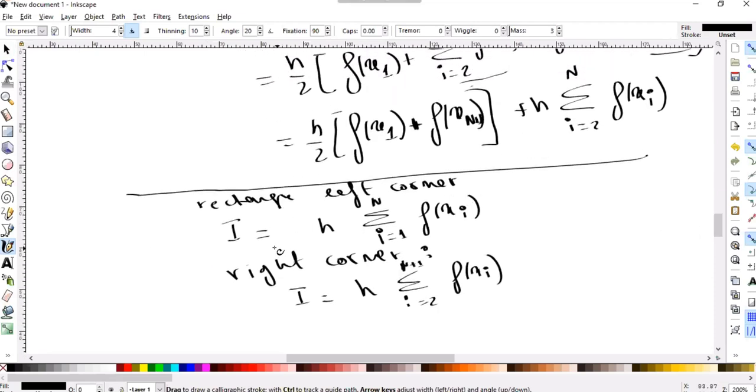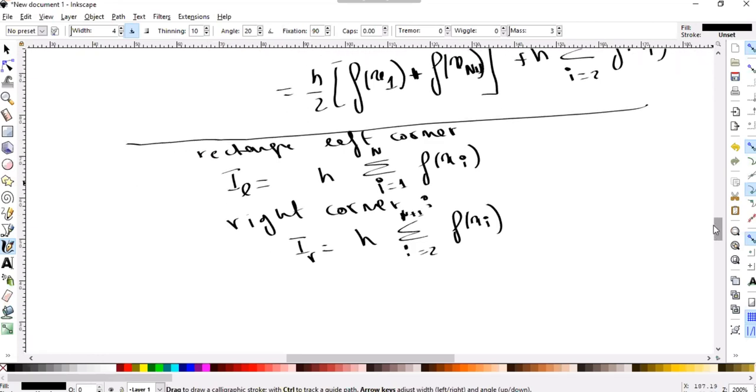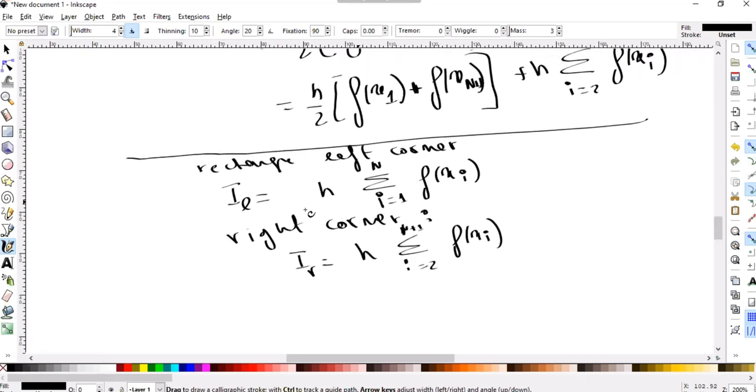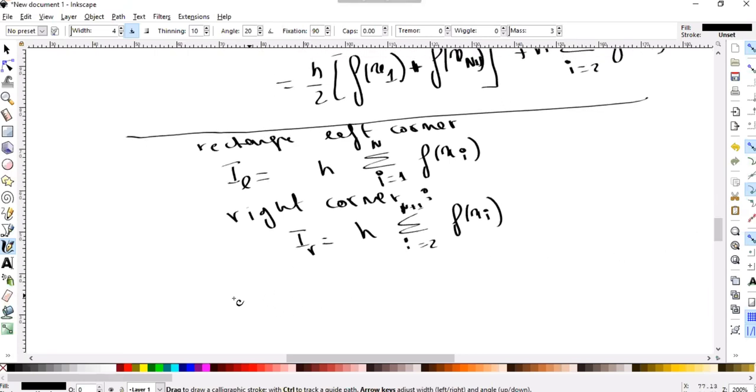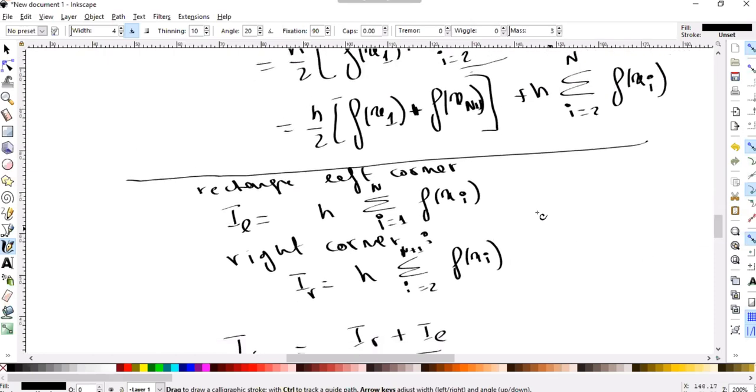we call this I left, I right. So these are the two approximations for the rectangle using the left corner and the right corner. If I compare the two, I find that the I corresponding to the trapezoid is I R plus I L over 2, the mean value of these two quantities.